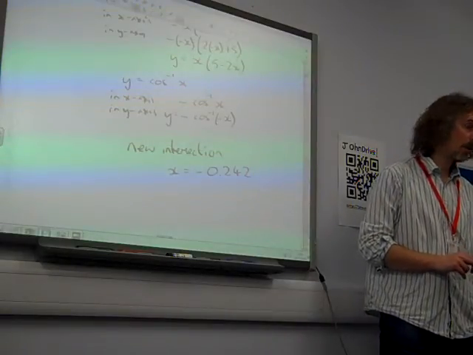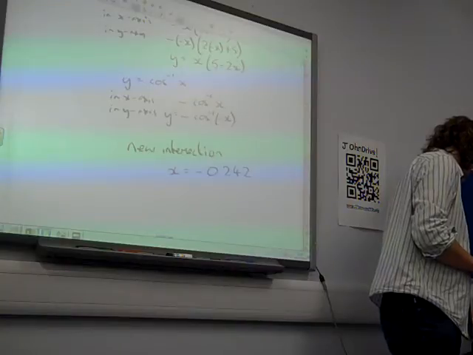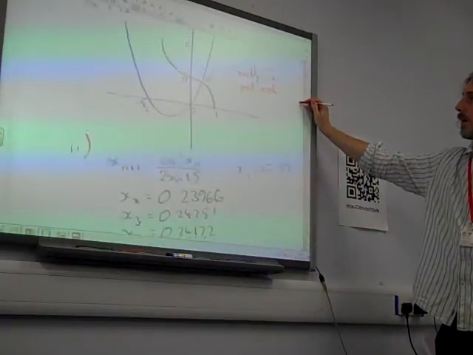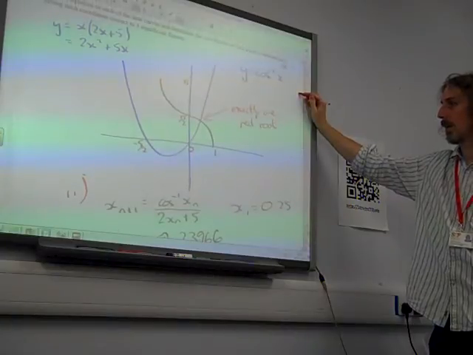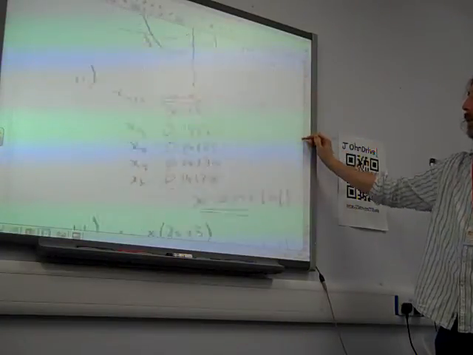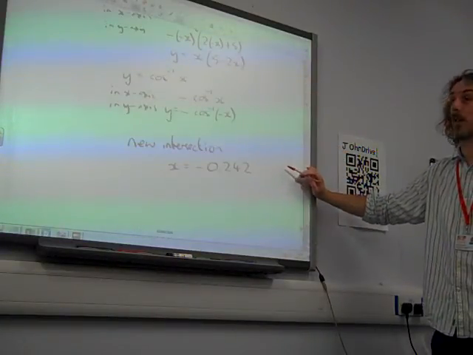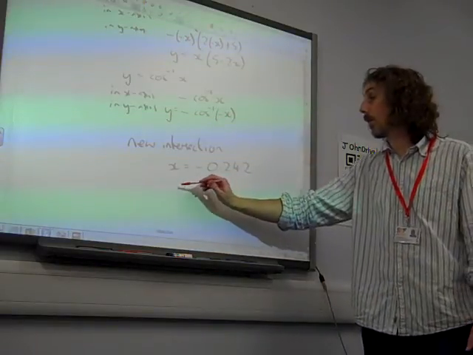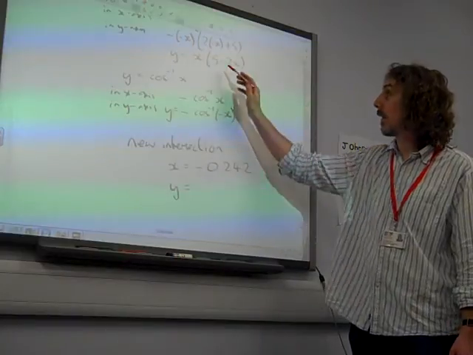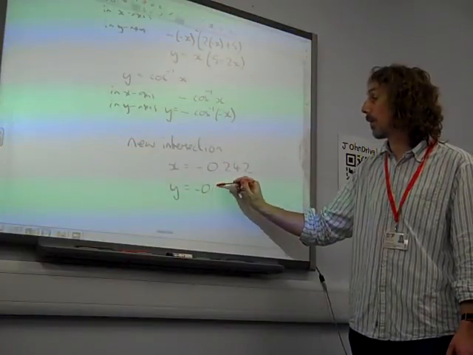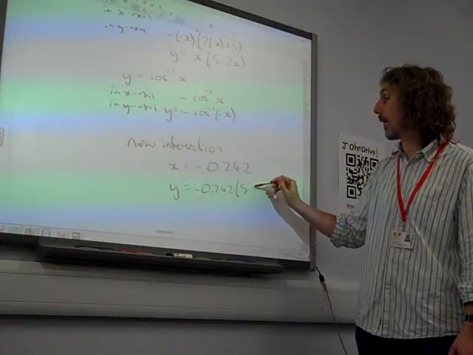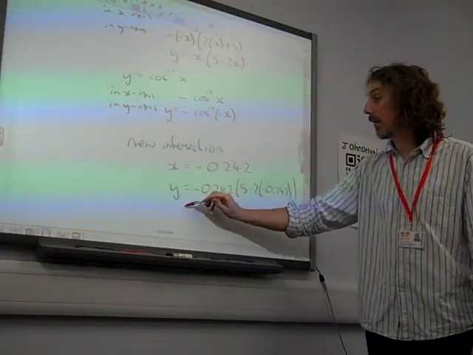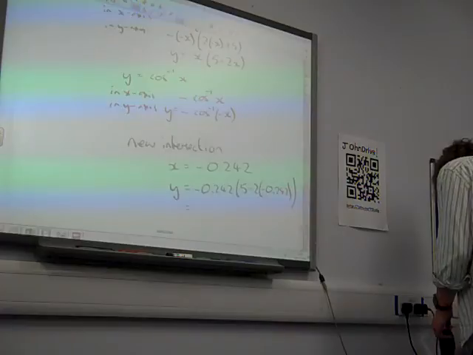The y coordinate, did I work out the y coordinate before? I don't think I have at any point, have I? So to work out the y coordinate, I need to sub that into either one of my equations. So the y value would be, let's do it into that one, minus 0.242 times 5 minus 2 times minus 0.242, giving me whatever that is.